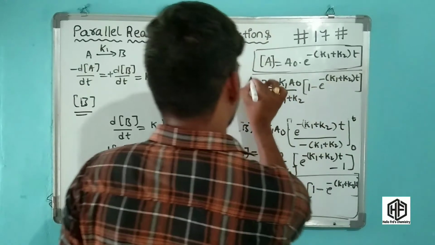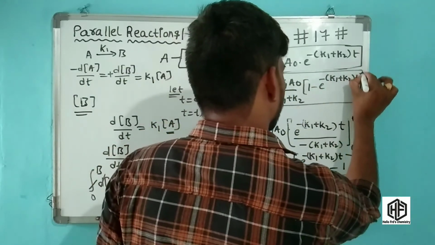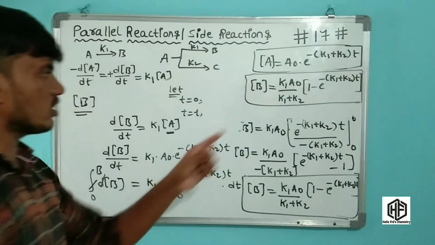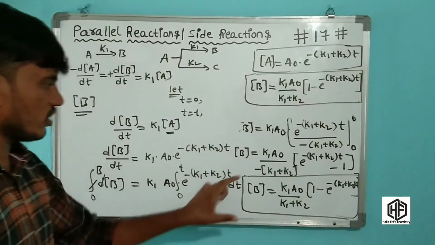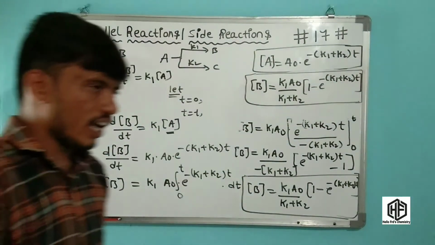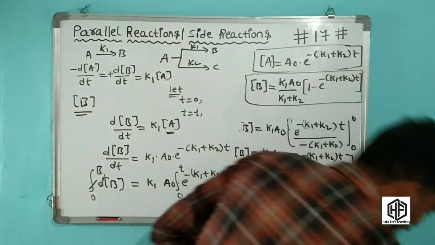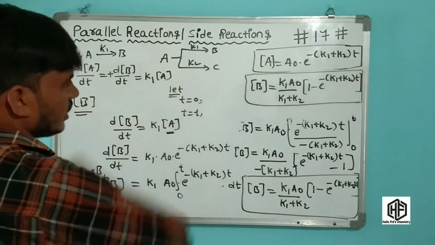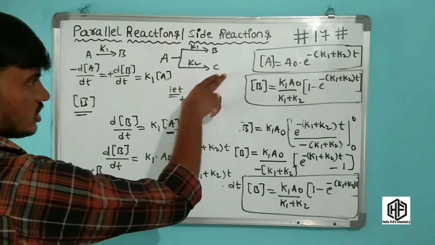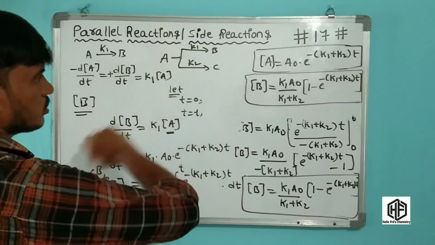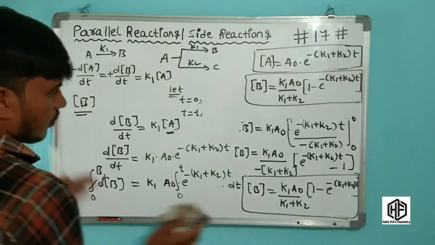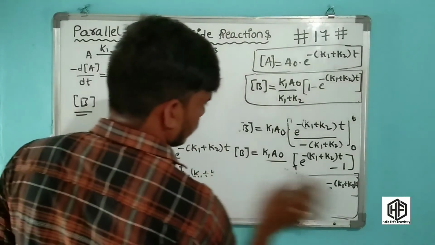This is the expression for the concentration of B with time. Okay friends, this is clear. And similarly, the expression for the concentration of C, the product concentration of C, with time can be derived.